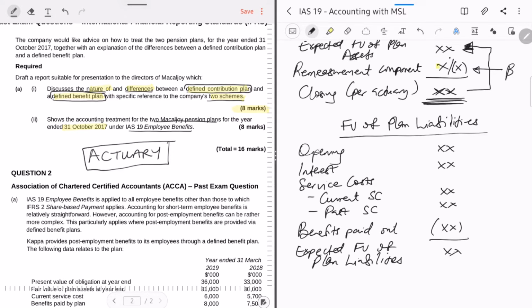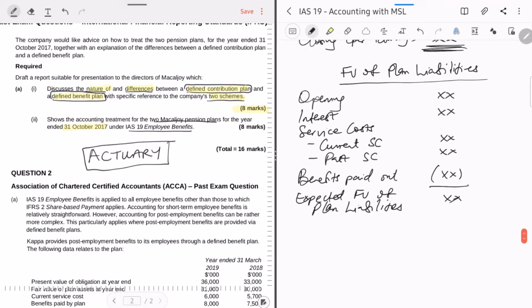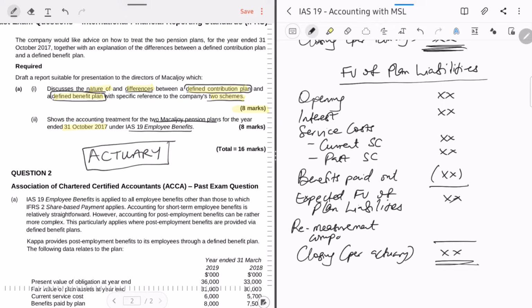Then as usual, Mr. Actuary will come into the picture and tell you, I expect the closing, so closing per actuary, to be a certain figure. Then based on the difference between this figure and what you got, that will go as a remeasurement component.